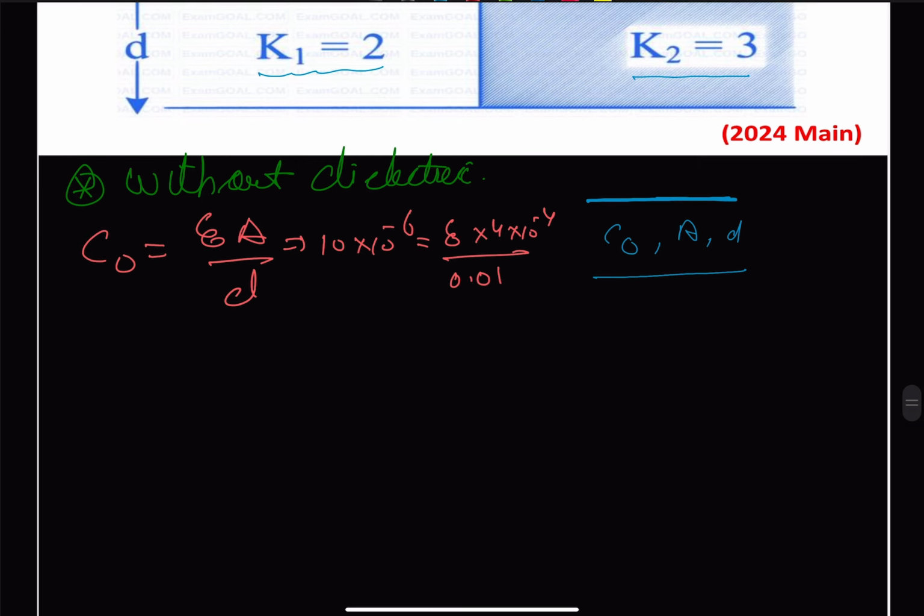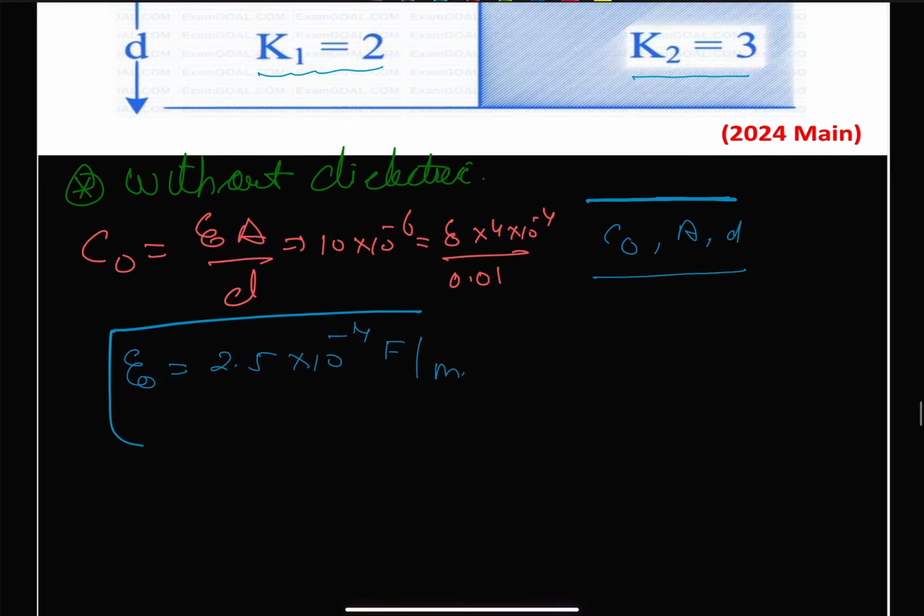This gives epsilon naught equal to 2.5 into 10 to the power minus 4 farad per meter. Based on this epsilon naught, we will find the capacitance of each part based on their dielectrics.